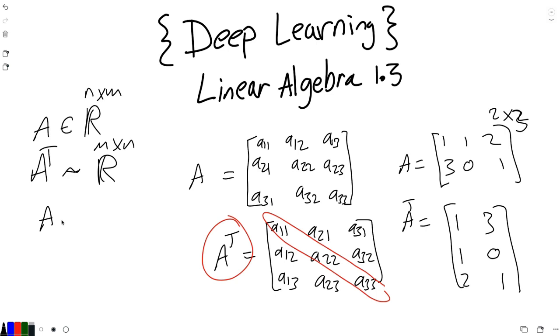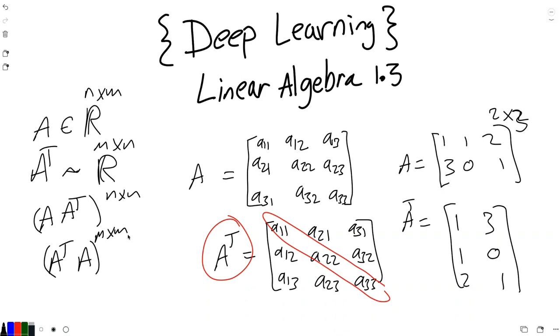A times A transpose is possible for any dimension, because it will be n by m times m by n, so those are the same, and the result will be a matrix of n by n. The reverse is also possible: A transpose times A will be m by n multiplied by a matrix with dimension n by m, so the result will have dimension m by m.